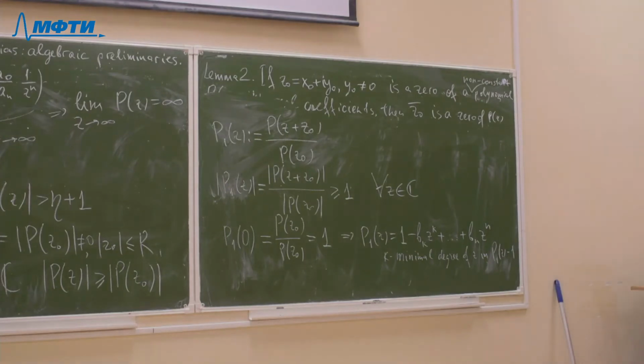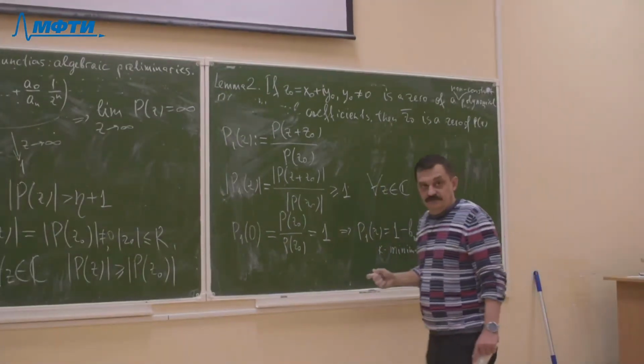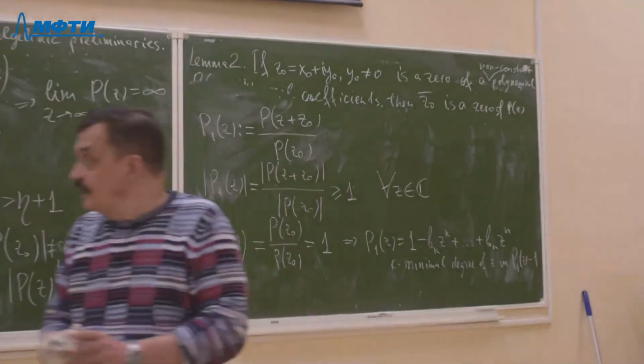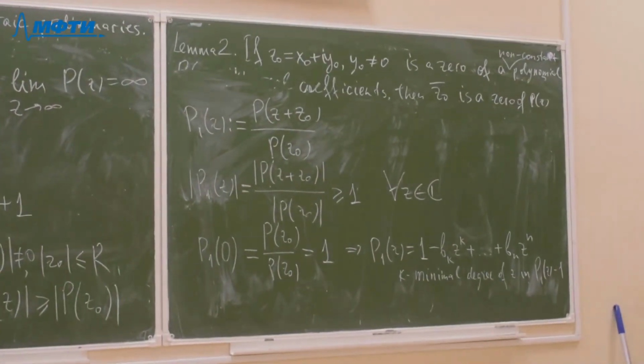So we take P1 of z, it is 1 at 0. If we subtract 1, we have 0 at 0, right? So it starts from a degree, and that is the minimal degree here, right?